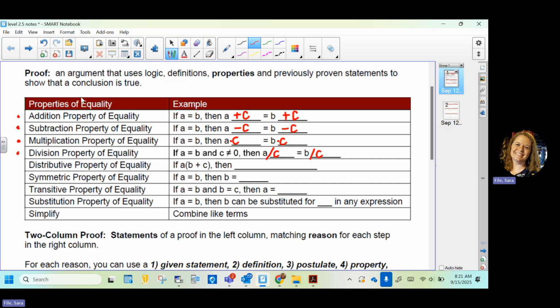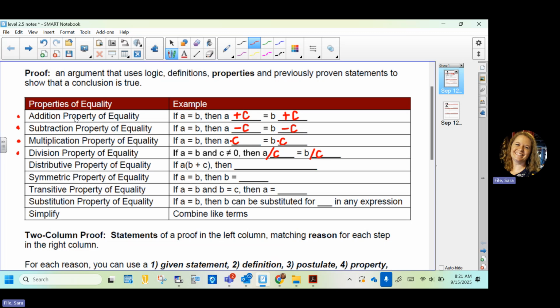And when we write these, because a proof is an argument and we have to show what property, we have statements, and then we have reasons. In our reason column, every step we do, we have to write the name of the property or the rule or whatever it is, the definition. Instead of writing out addition property of equality, I'm fine if you just write addition.